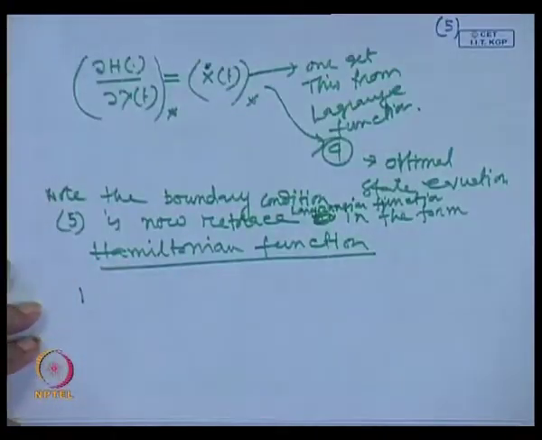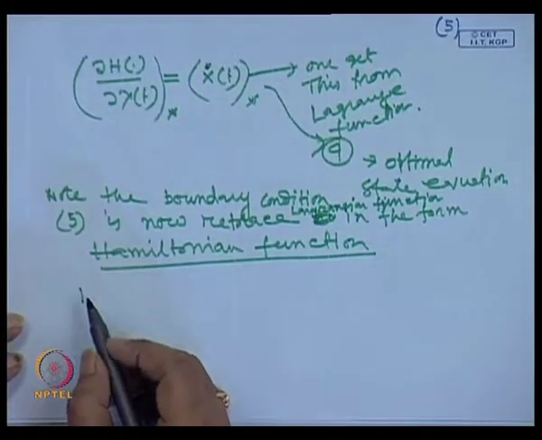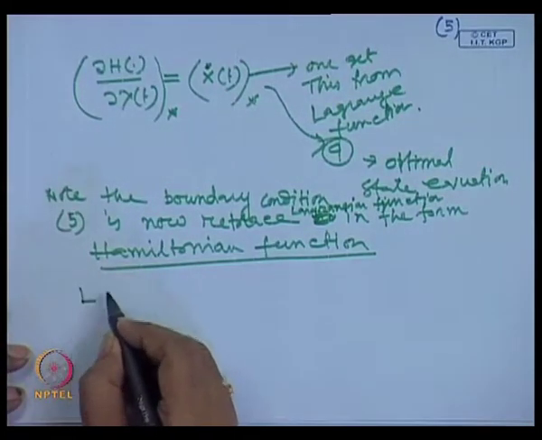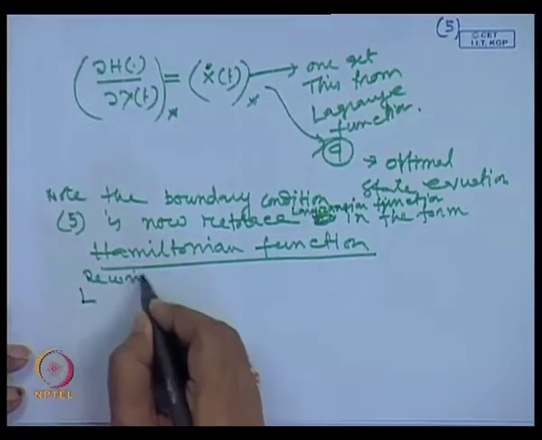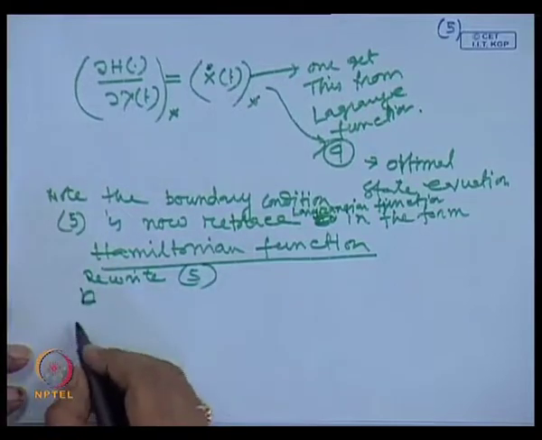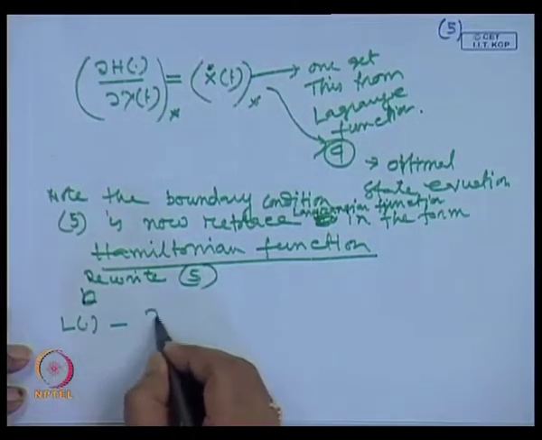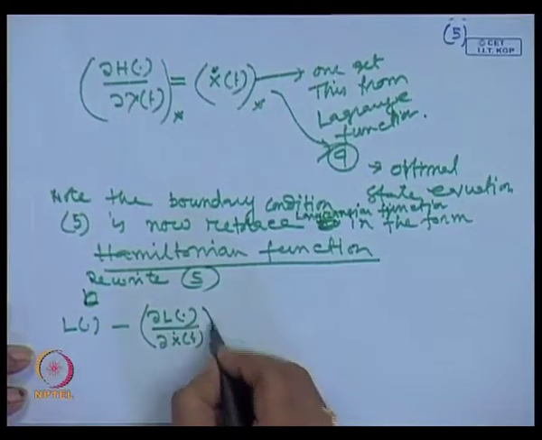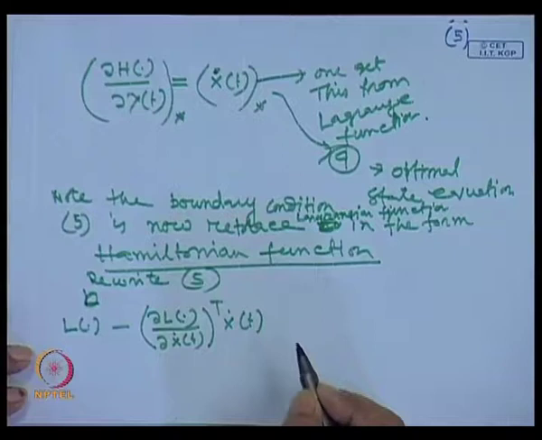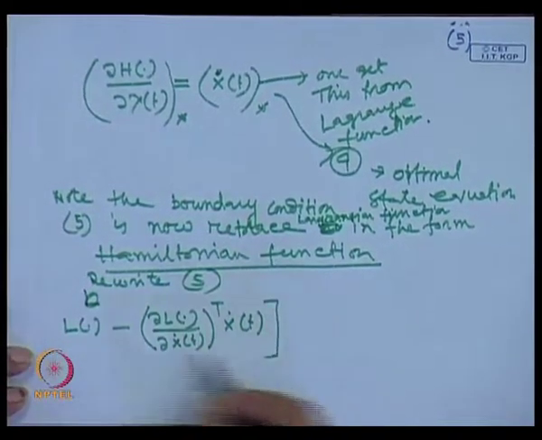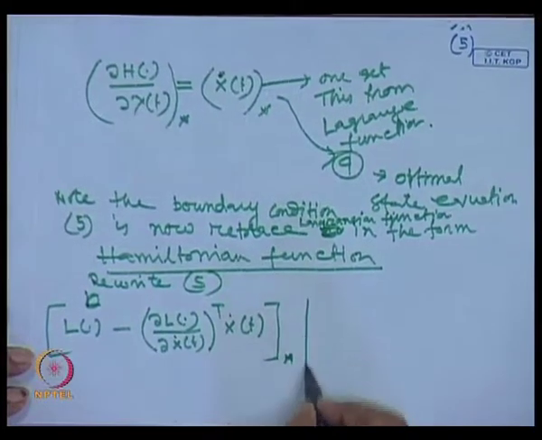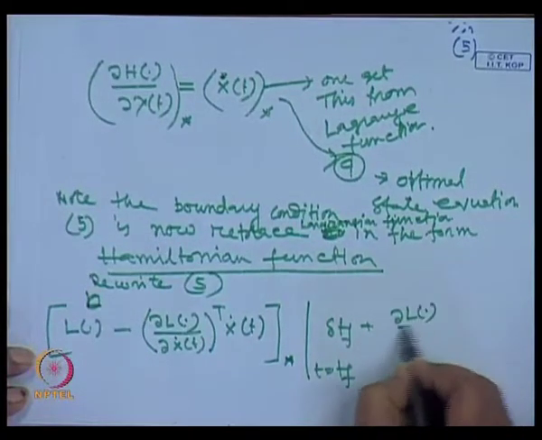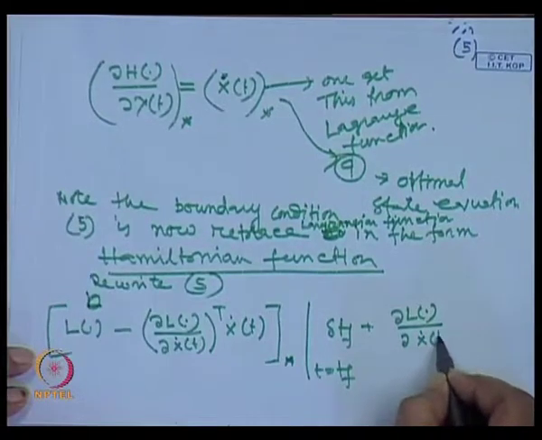Let us rewrite equation 5: L minus del L del x dot of t whole transpose x dot of t, star, at t equal to T f, delta T f, plus del L del x dot, agree.